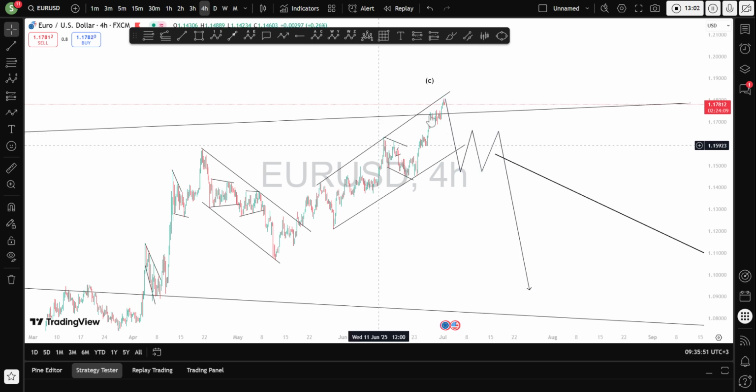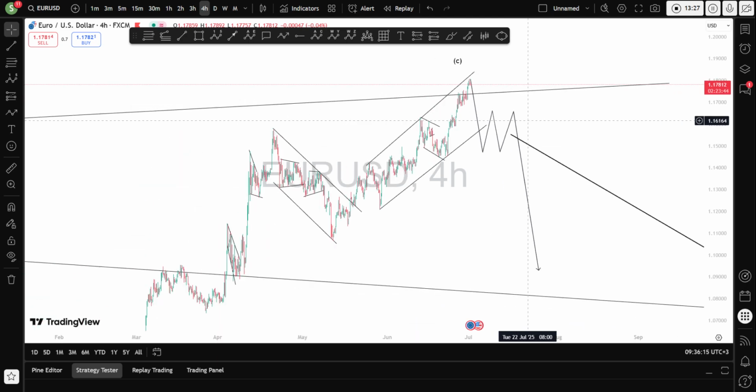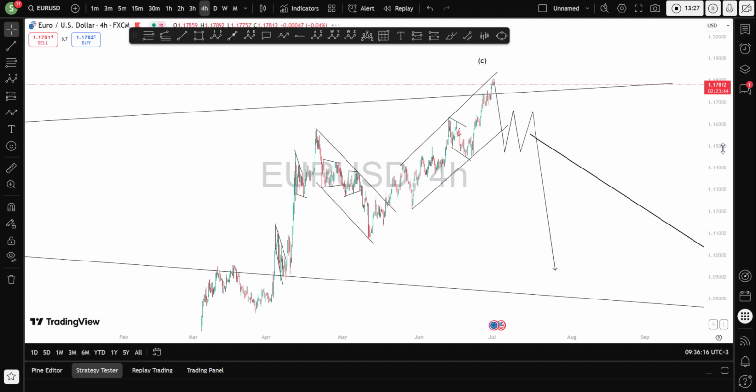That is a diagonal, that's the first confluence, a flag, which is a continuation pattern, second confluence, and the third confluence is head and shoulder. This is left shoulder, head, right shoulder, which is a reversal pattern. So we anticipate a bearish move, which is usually a swing bearish move to the downside.